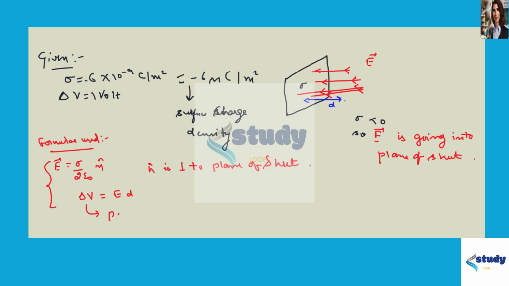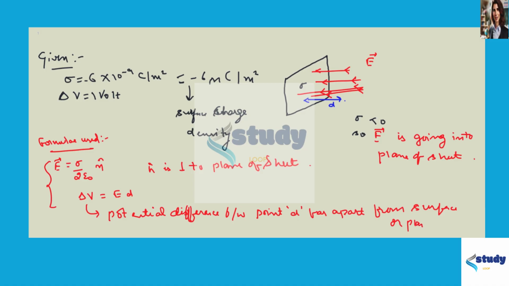That means the potential difference between this point and the point from the surface. So using these two formulas, we can find out the value of d here.